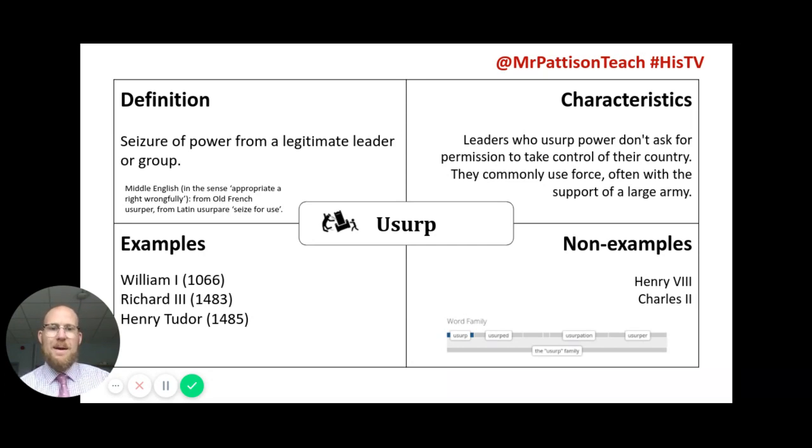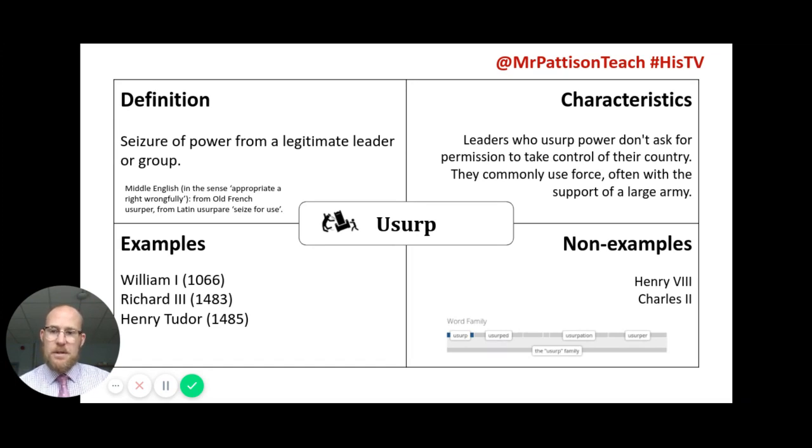The idea that they commonly use force, often with the support of a large army. Notice as well that I'm actually writing these as sentences rather than just pithy bullet points. That's important because if we're trying to model use of good language, it is important that we write using correct grammar and semantics, as you can see here. So those two elements have to be in there.